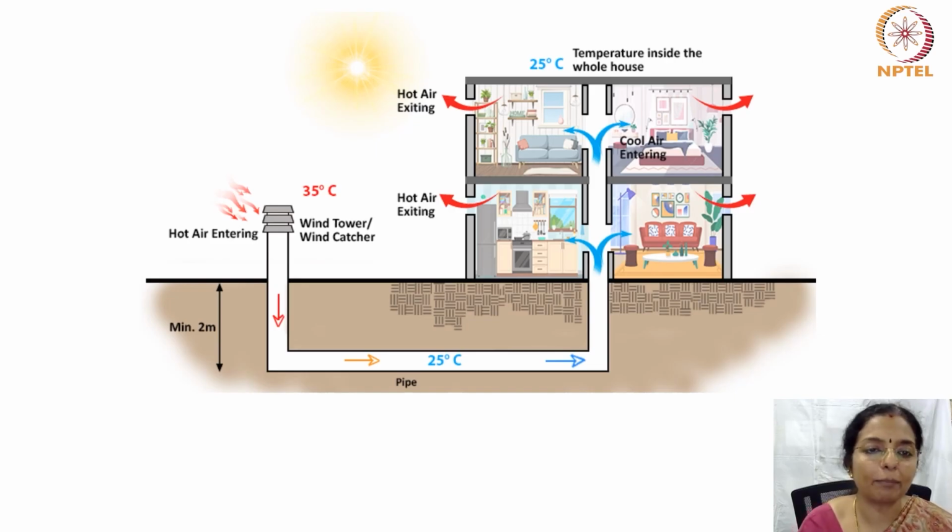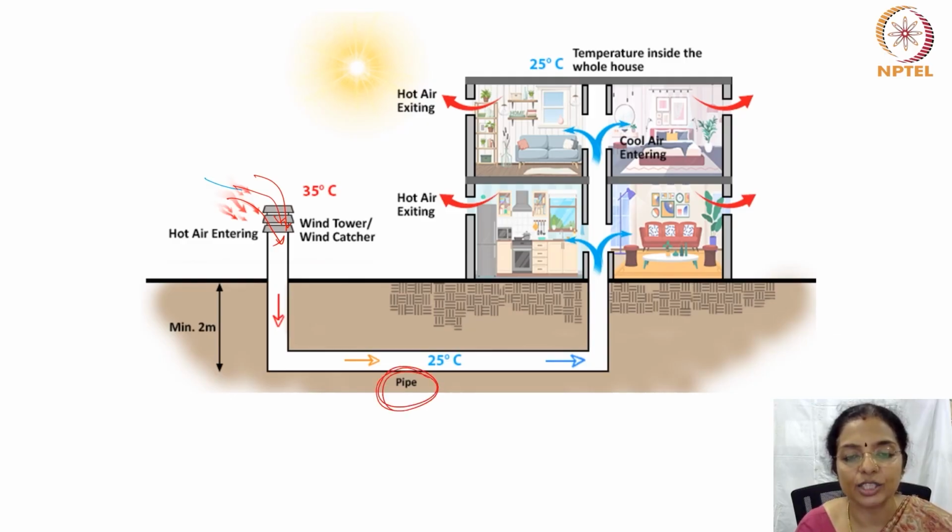So what happens is, during summer, the wind is very hot, and this hot wind enters the shaft. A pipe is buried inside the soil at a depth of 2 meters, anywhere between 2 meters to 4 meters depending on the place.